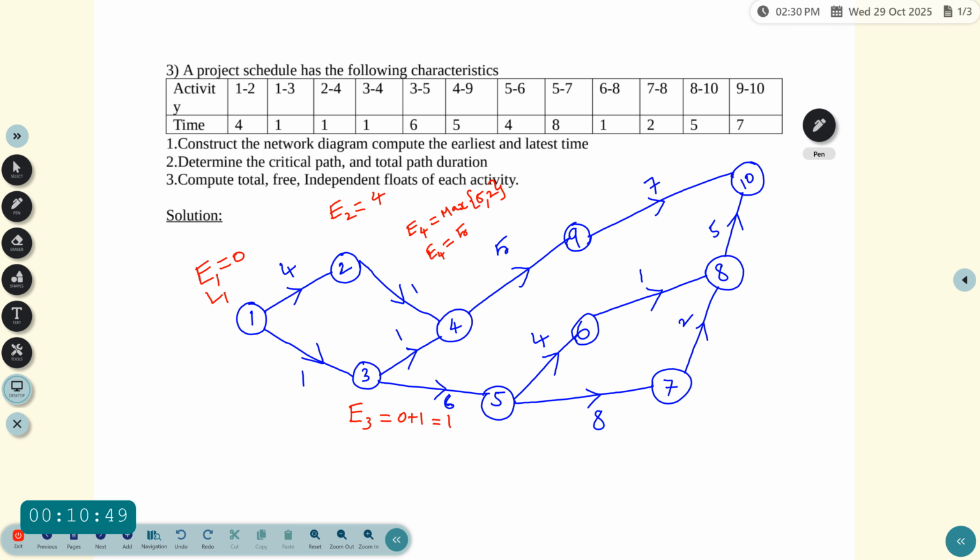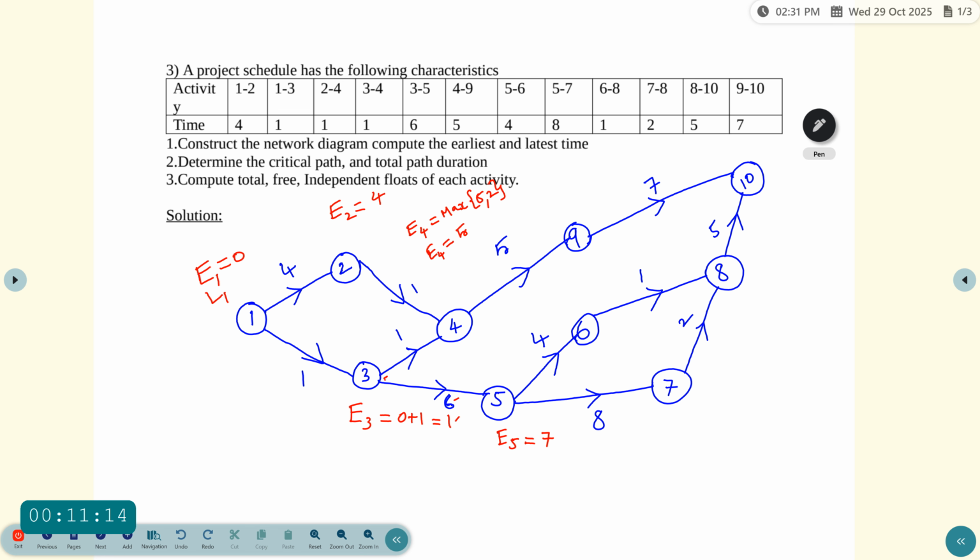So next another event which is E5. E5, there is only one event which is 3, and then 3 value is E3 equal to 1, and then adding with the duration 1. So 1 plus 6 which is equal to 7.